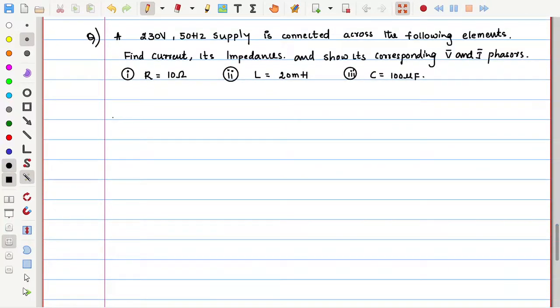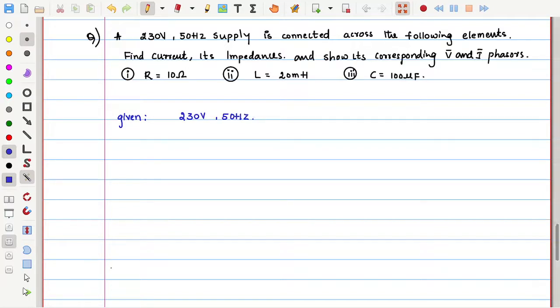So here, if something is given in the supply, this is very important. What they have given is 230 volts 50 hertz.